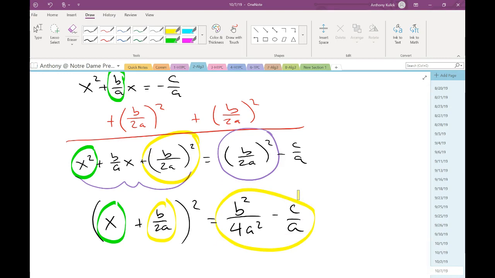If I look at these, what would the common denominator be for these two fractions? 4a squared.